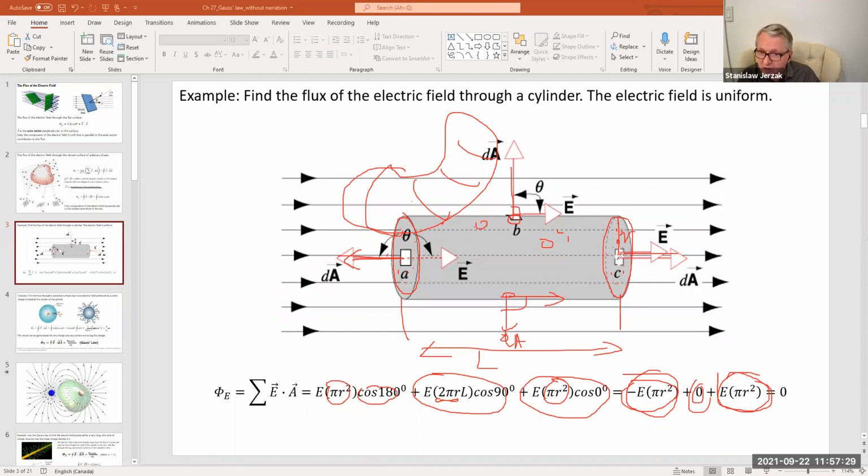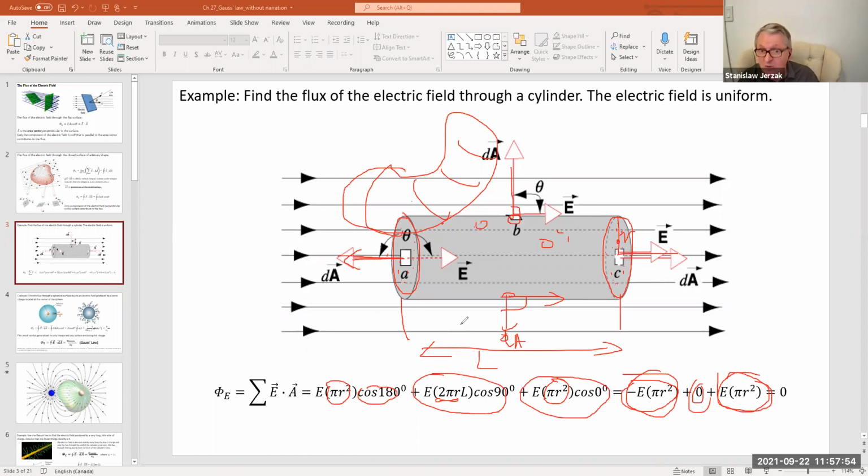The electric field within that area will be of the same magnitude everywhere, because only then are these integrals very simple to evaluate. So for that cylinder, I did not really do any integration.